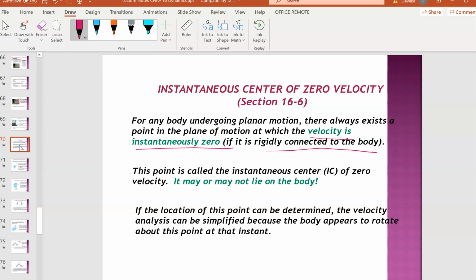This point is called the IC of zero velocity. It may not lie on the body; most of the time it's outside, but that's okay. If the location of this point can be determined, the velocity analysis can be simplified because you can connect point A to point B and to point C. That's the whole idea.